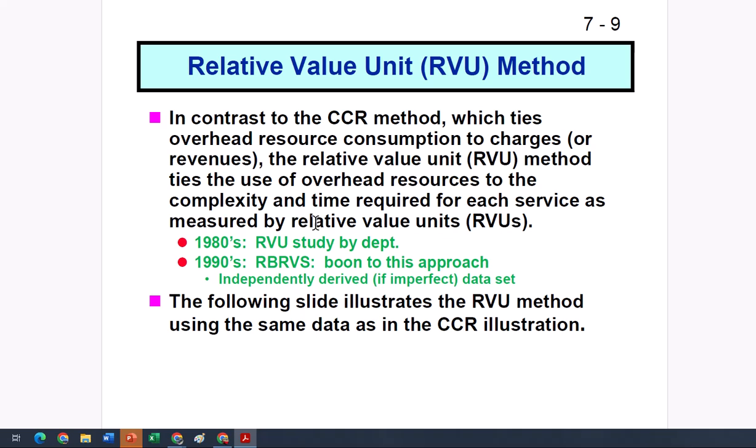And in the 80s, that's a standard cost accounting principle. So in the 80s, I actually did this very thing for a hospital when I was finance director, and there were no published RVUs.